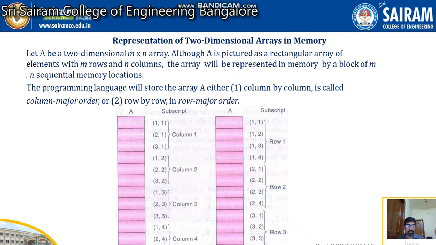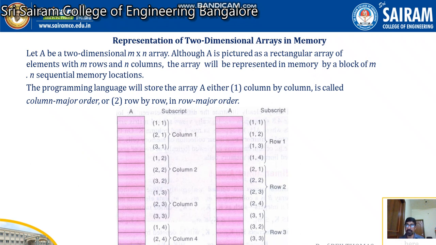Let us see in a little more detailed way how we can represent two-dimensional arrays. Two-dimensional arrays we can represent in two ways. One is column major order, and the other, row by row, is known as row major order. Look at the first one. The first column is represented: we have 1 comma 1, and the second number indicates the column.